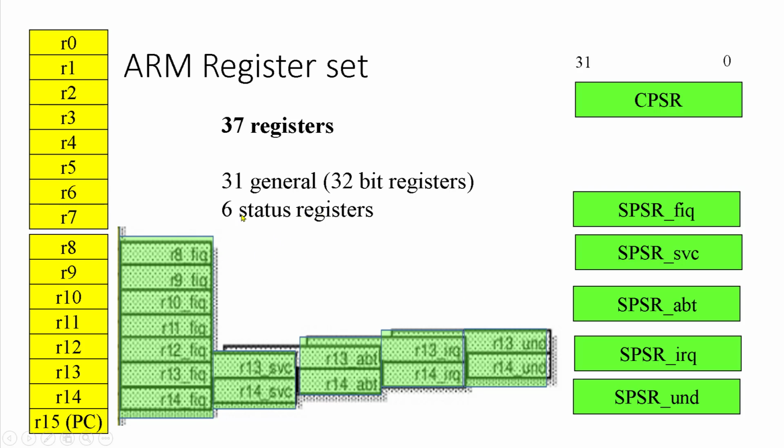See the status registers, six status registers are there. This is called the program status register. You see this PSR. There are two types of program status registers.